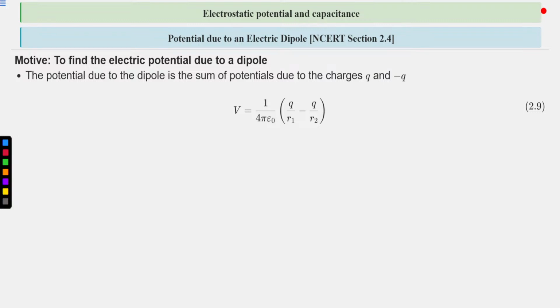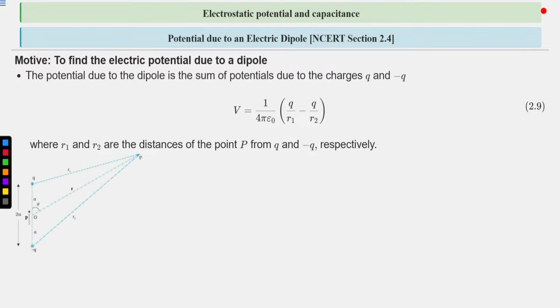Mark this equation as 2.9, where R1 and R2 are the distances of the point P from plus Q and minus Q. So potential due to this positive Q charge is 1 by 4 pi epsilon naught Q by R1, and this charge is minus Q by 4 pi epsilon naught R2. By adding them, this is the result, and mark it as equation 2.9.